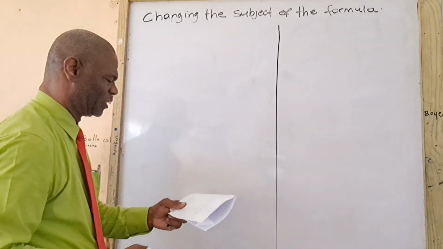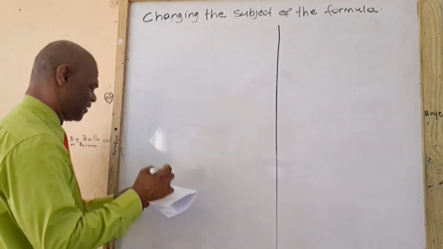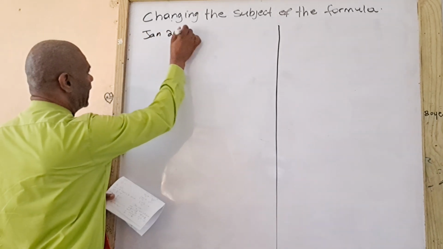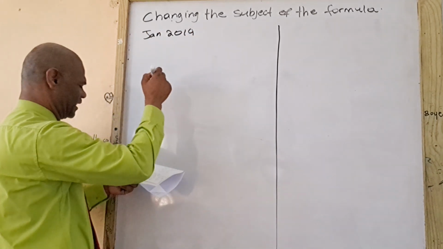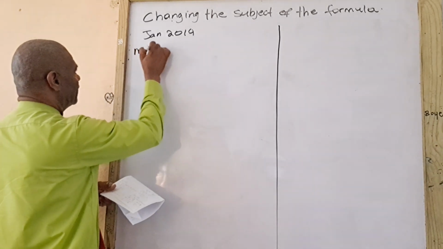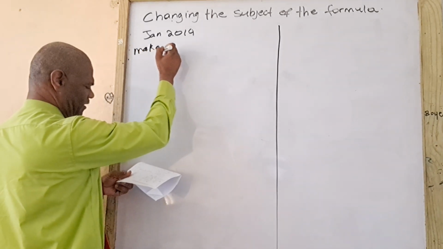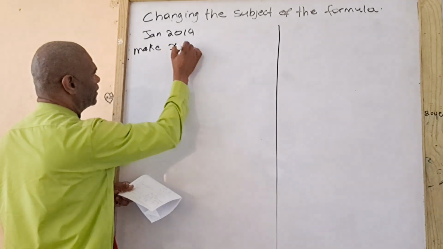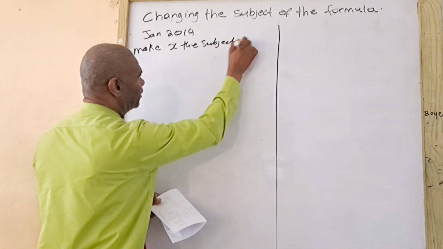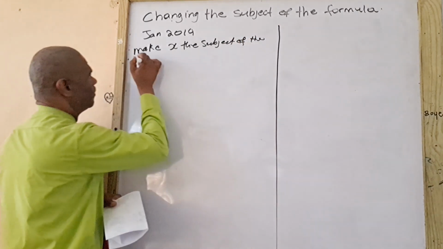This came on the January 2019 paper. It says make x the subject of the formula.